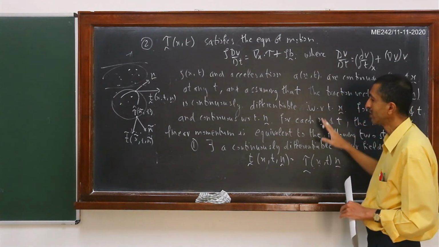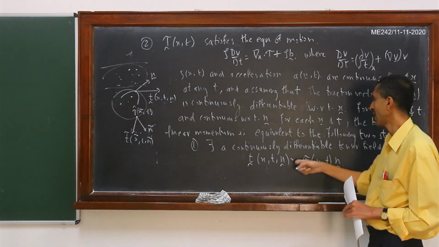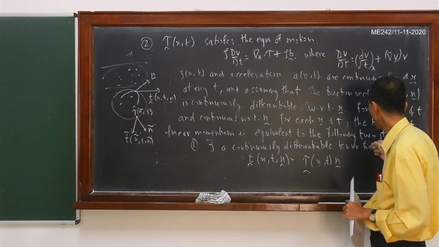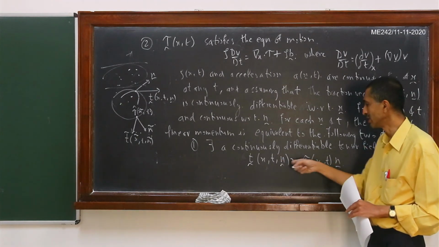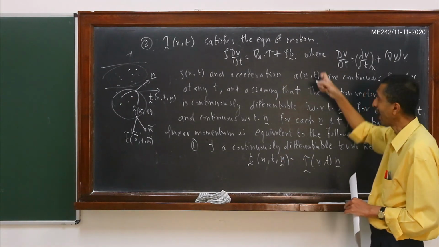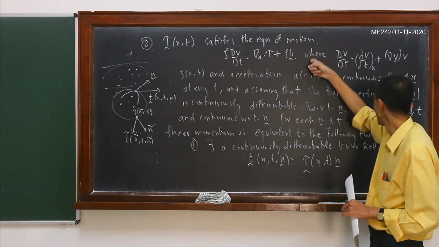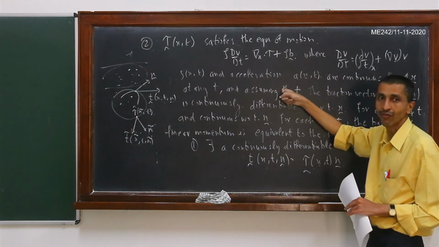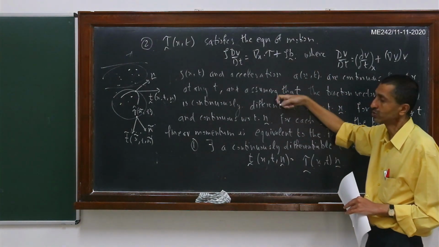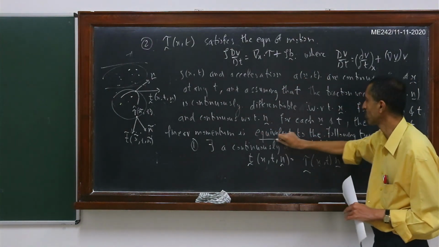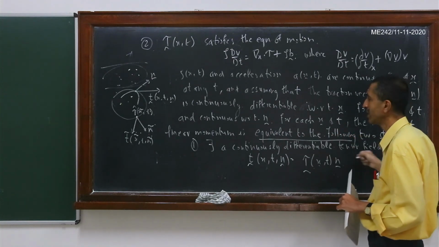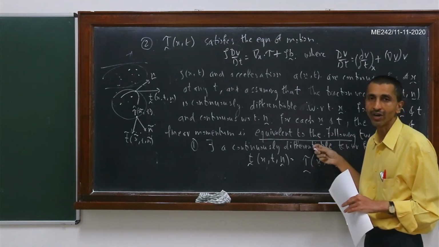Conversely, if there exists a stress field such that T is equal to this tau times n, and if your equation of motion is satisfied, then the balance of linear momentum is satisfied. So as I said, equivalent. What we mean by equivalent is that it's an if and only if kind of statement.